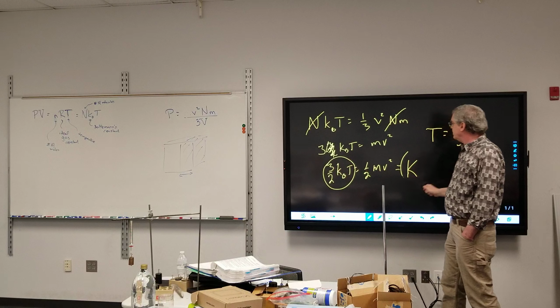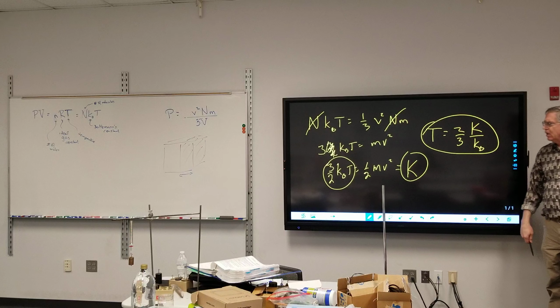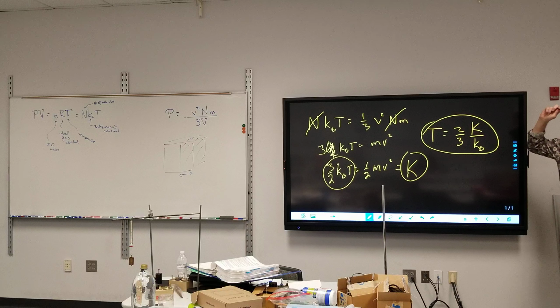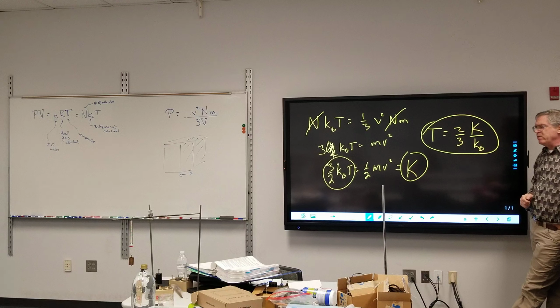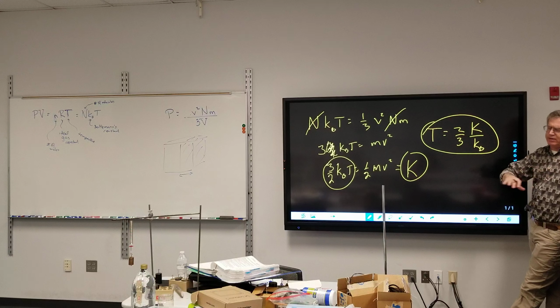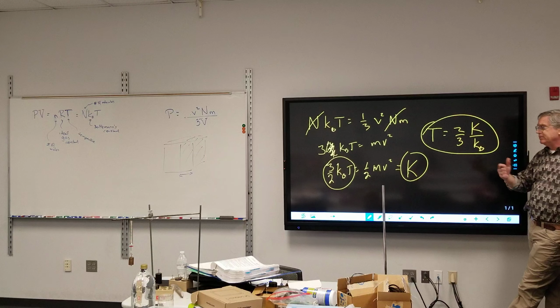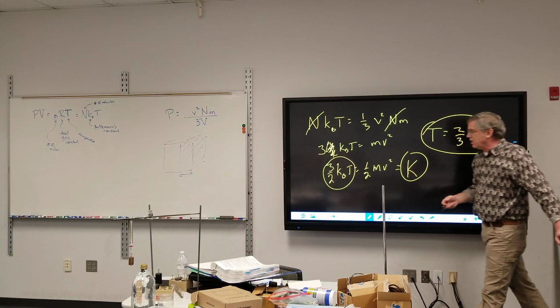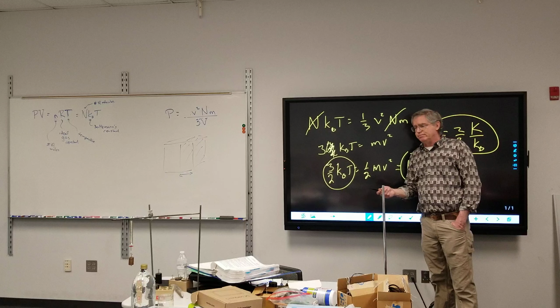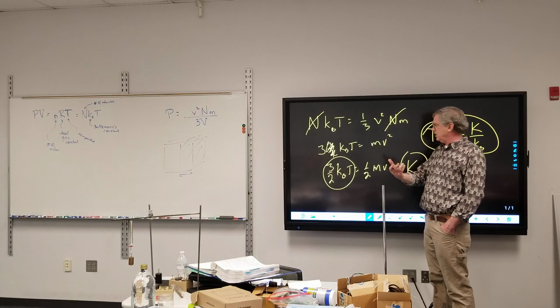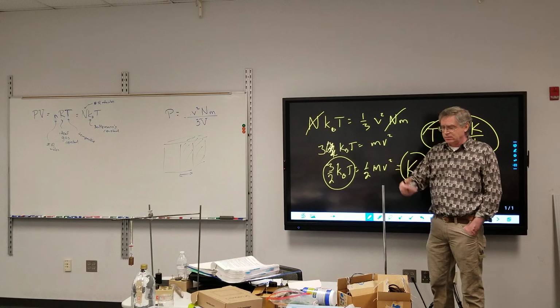But what this is showing is that the temperature is directly related to the average kinetic energy. I made references before about if I slide something on the table, it's going to lose energy, and the energy goes to the table, which will heat up. If we figure out how much kinetic energy is lost, we can predict what the temperature change is in the table.